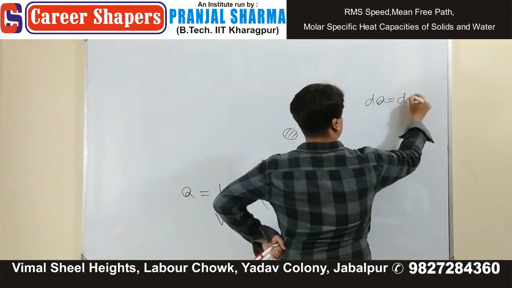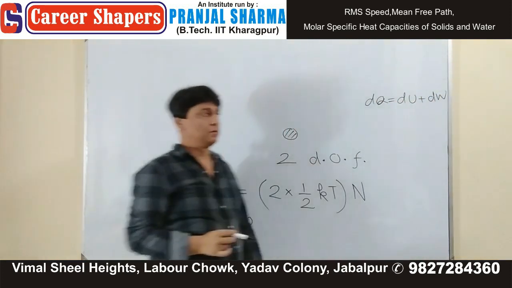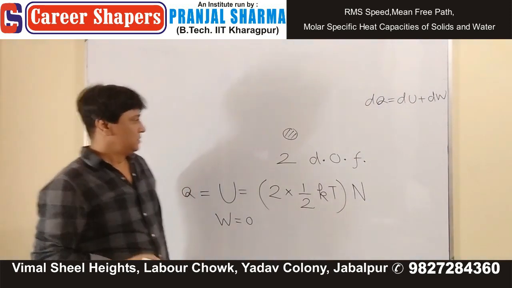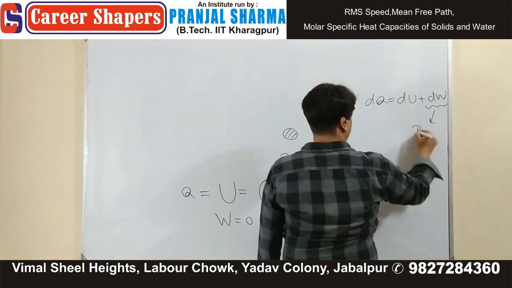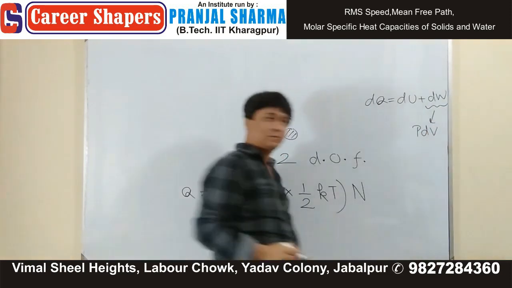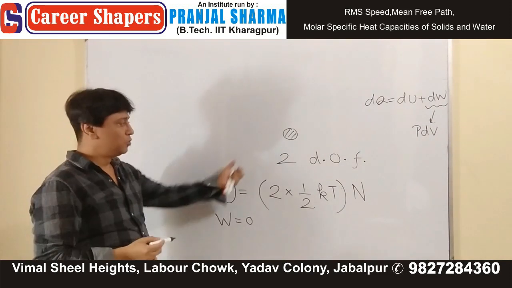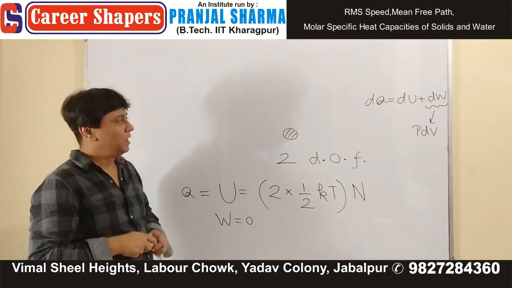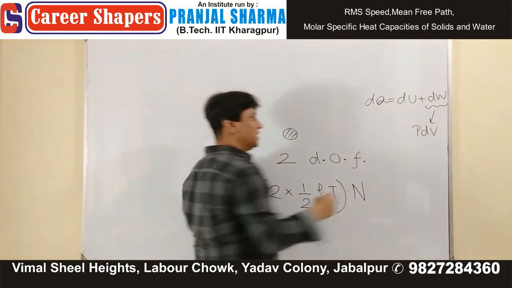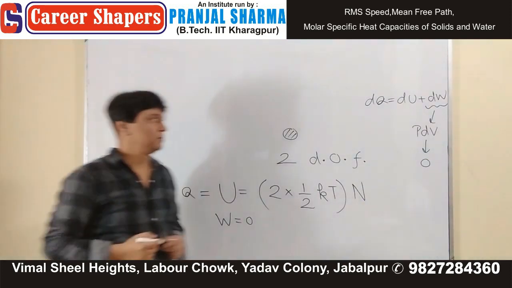dQ equals dU plus dW. This term dW, you know, is what? PdV. When you supply heat, definitely volume changes, but that change in volume is very much negligible, and therefore we'll simply say that this PdV is approximately 0.